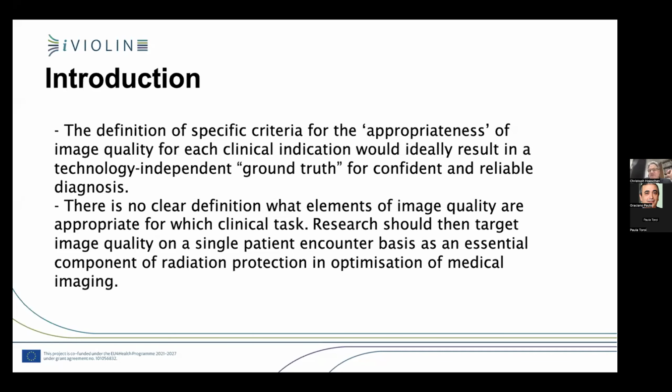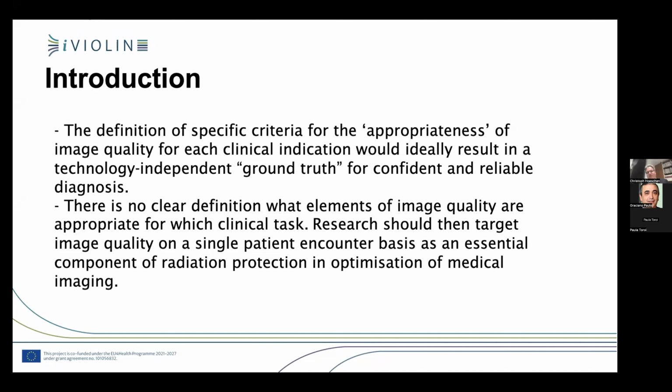There is currently no clear definition of which elements of image quality are appropriate for which clinical task. Therefore, we need to target our research on image quality on a single patient encounter basis as an essential component of radiation protection and optimization of medical imaging.